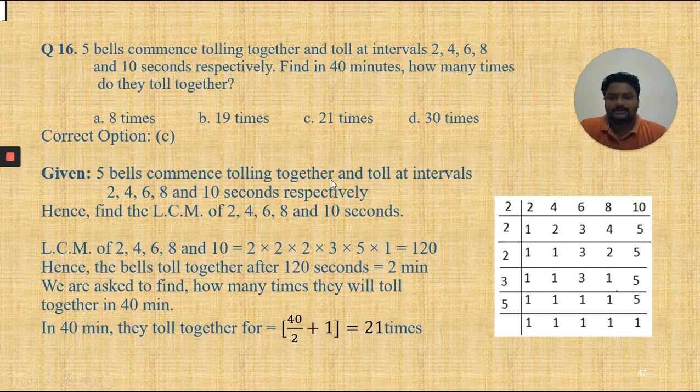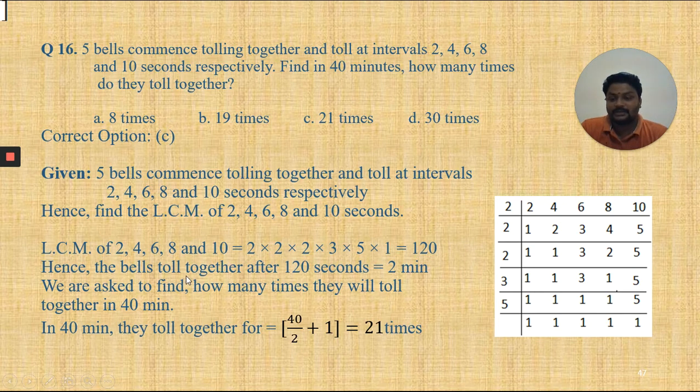Five bells commence tolling together and toll at intervals of 2, 4, 6, 8 and 10 seconds respectively. So find the LCM of the given numbers using the division method. The LCM of 2, 4, 6, 8 and 10 is equal to 2 into 2 into 2 into 3 into 5 into 1, which is 120.